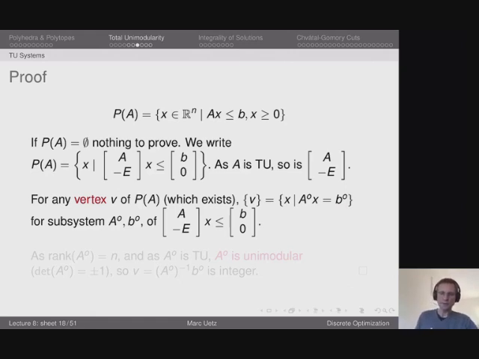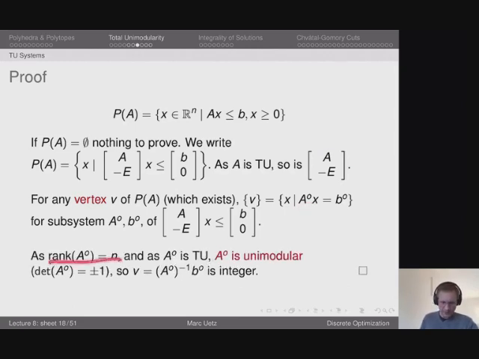That is because each vertex is defined by n linearly independent rows of the original system, and therefore we will have a rank n system in this subsystem A0. So the rank is n, and the submatrix A0 is also totally unimodular, because it was obtained as a subsystem of this totally unimodular system.